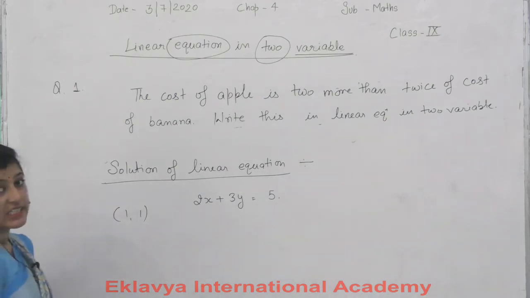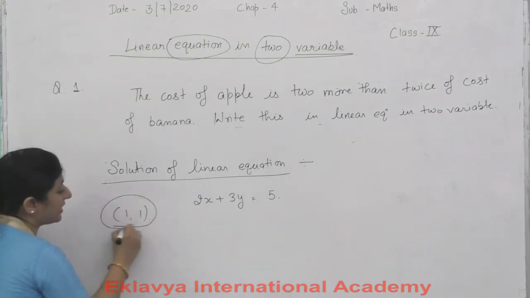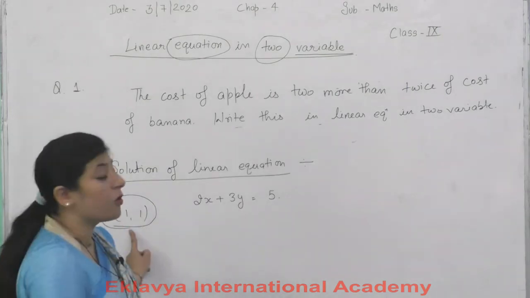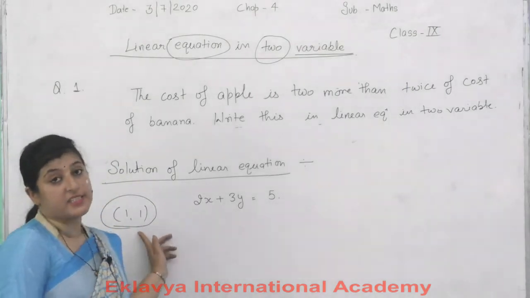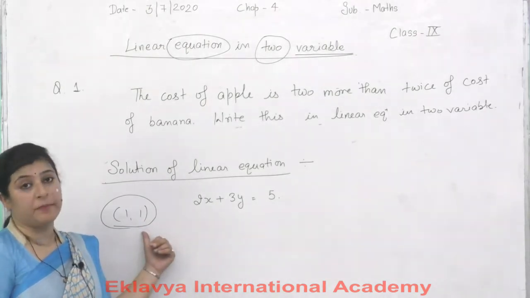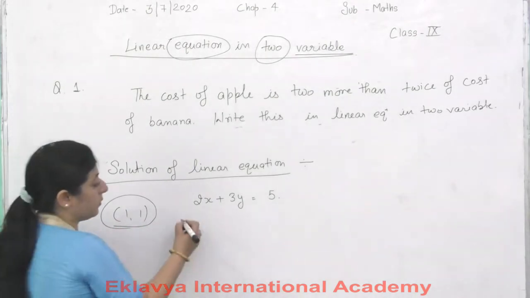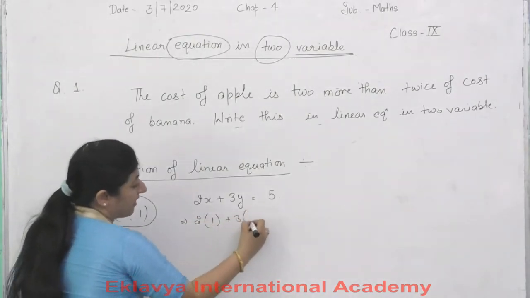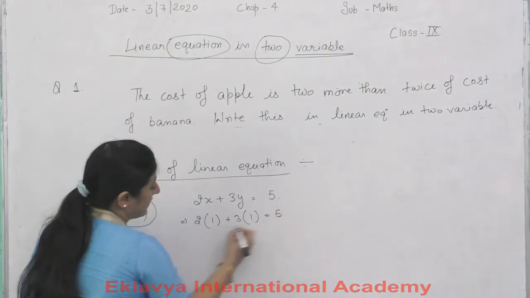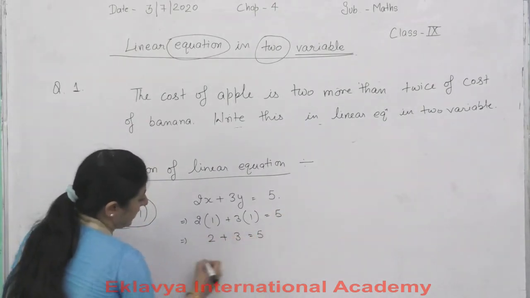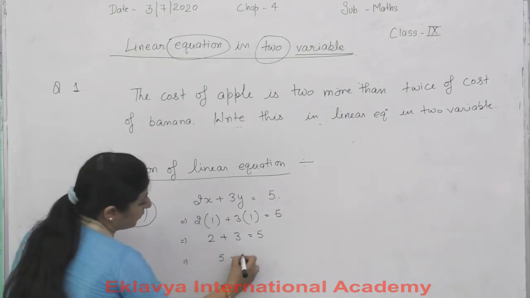Can we check it? Yes, we can check it. How to check? In this bracket, always the first value shows the value of x and the second value shows the value of y. Now put here, x value is 1, y value is also 1. 2 ones are 2 plus 3 ones are 3, then 5 is equal to 5.